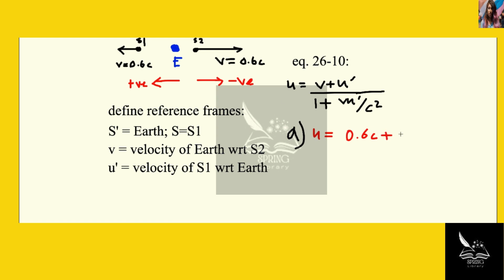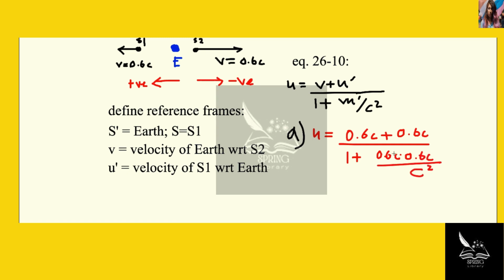This will be added to another positive 0.6c, and this is because S1 is moving away from the Earth in the direction of S1's travel at 0.6c, right? And you write out the denominator there, 0.6c times 0.6c over c squared.